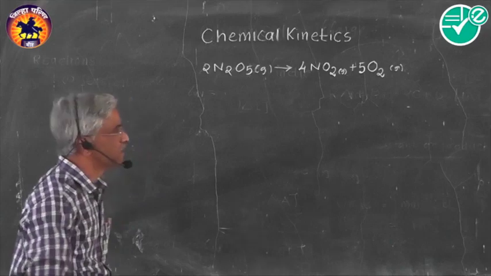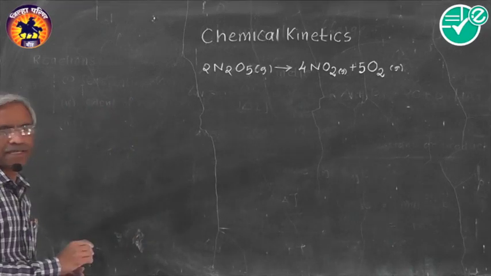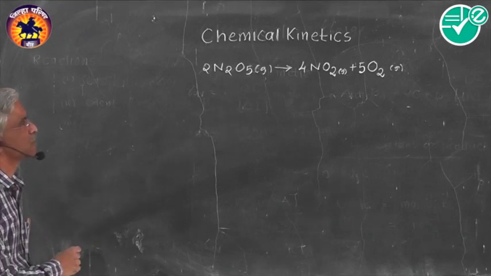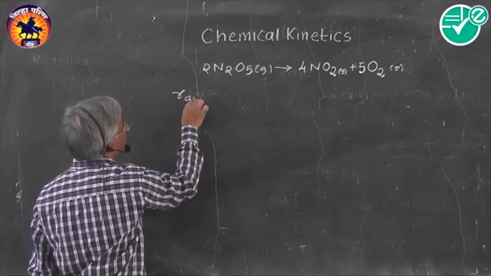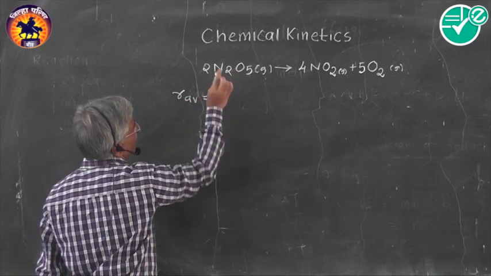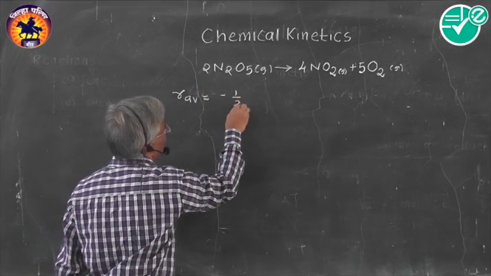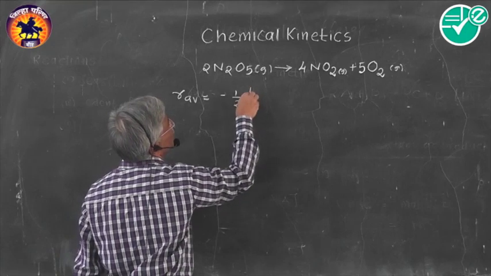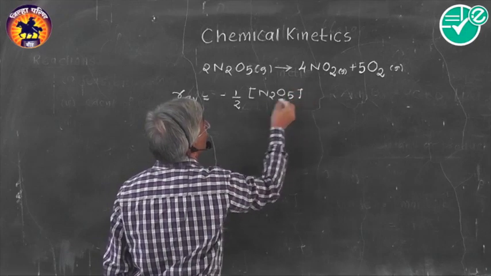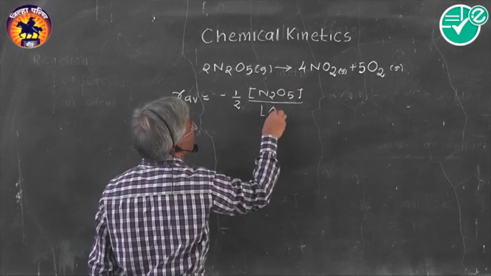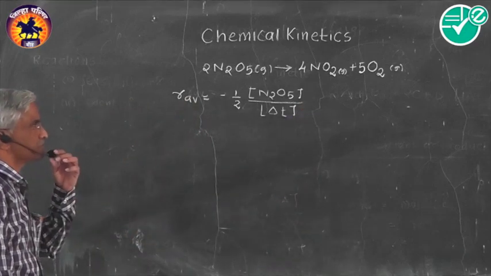Now let us express the average rate of reaction for a reaction where there are different numbers of moles in the reaction. For that purpose, while writing the average rate, with respect to nitrogen pentoxide, divide the number of moles by 2. Therefore, it is 1 by 2 into change in concentration of N2O5. All of you know from 11th standard that the change in concentration is written in a square bracket.